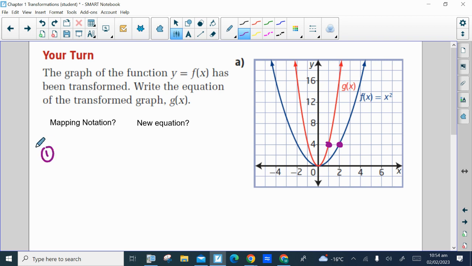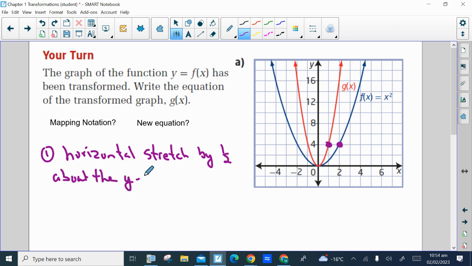So I'll write number 1 here because this is going to be the first way we're going to do it if there is a horizontal stretch. If there's a horizontal stretch by half about the y-axis, that would mean that our b value is positive 2.